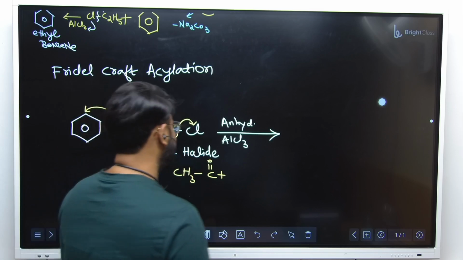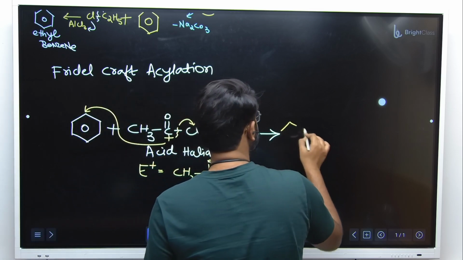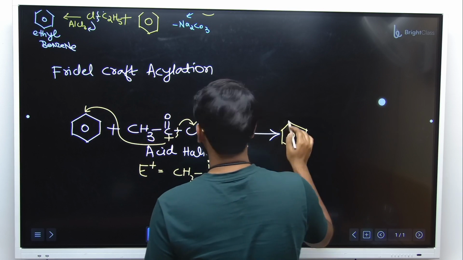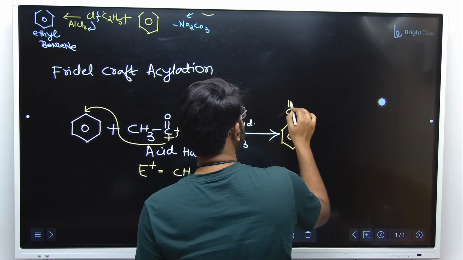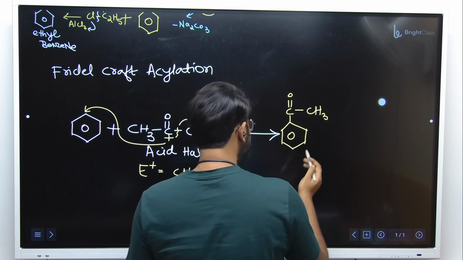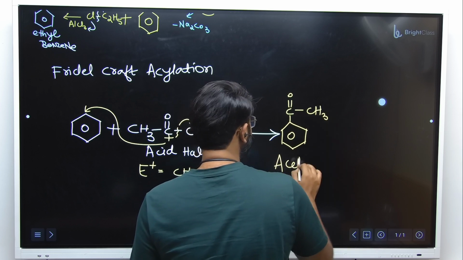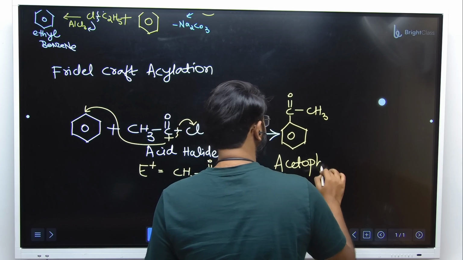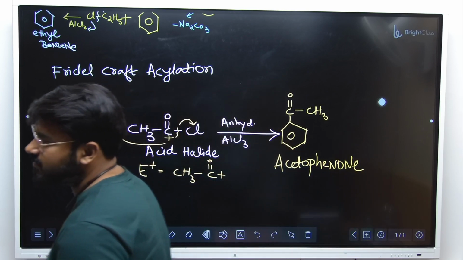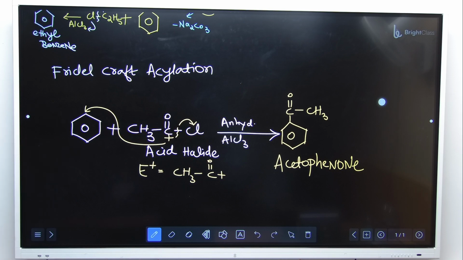So what do we get now? We will get something like this: C double bond O CH3. This compound is called acetophenone. Write it down. Acetophenone.